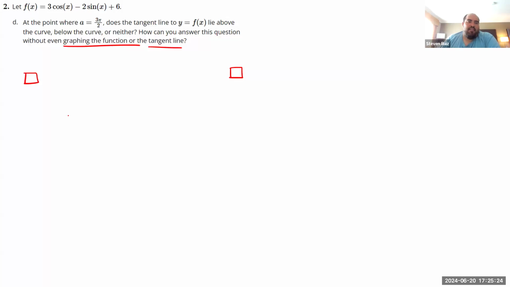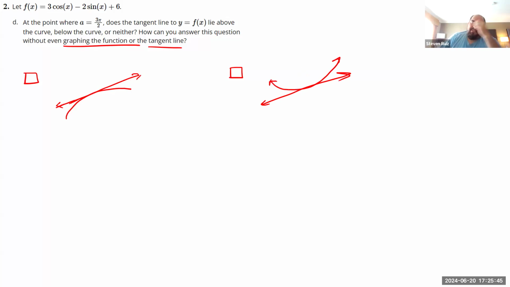So I have a curve that looks like this, where the curve is below the tangent line, or how does it word it? Sorry, is the tangent line above the curve, or is the tangent line below the curve?